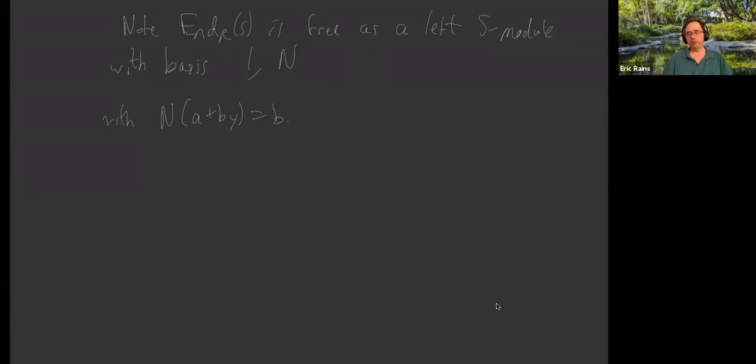And this is pretty straightforward because, in fact, as an R module, it has basis n, yn, and y, and y, which are just basically the operators that spit out B, that spit out A, that spit out BY, and spit out AY.